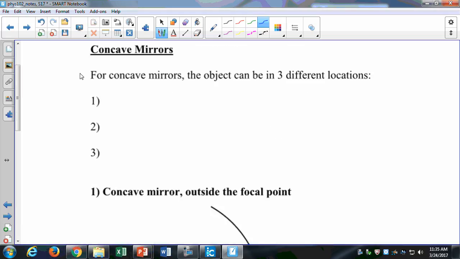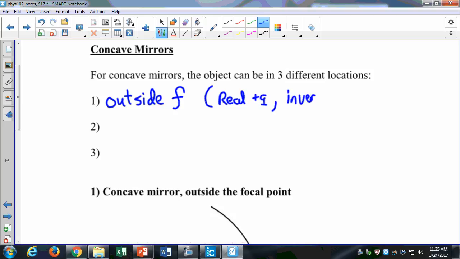So as I said, for concave mirrors, you can have the object be in 3 different locations. Outside the focal point, I get a real, i.e. plus q, inverted, which you can read as minus m, negative magnification, image.